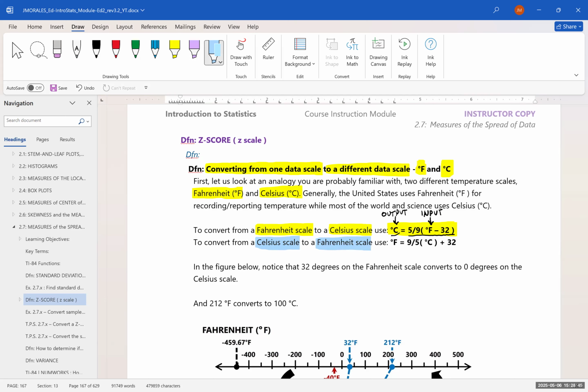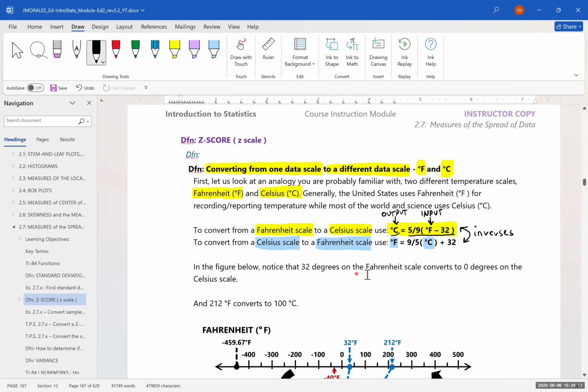Notice that now degrees Celsius is our input and degrees Fahrenheit is our output, and the expression looks a little bit different. These two functions mathematically are what we would call inverses of each other.